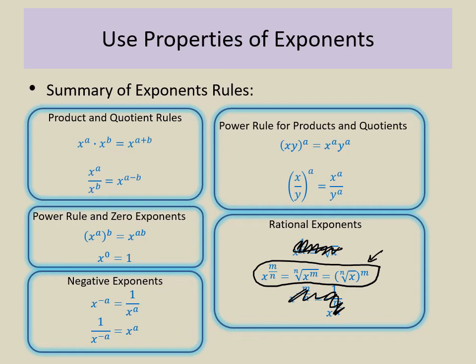However, we have many other rules for exponents that we've learned before. Power rule for products and quotients, product rule, quotient rule, power rule, zero exponent rule, and the negative exponent rules. These are prerequisites to this course, so we're not going to go over them.